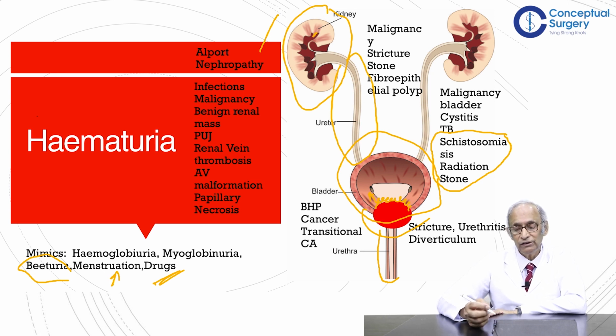And post-radiation hematuria, because the bladder becomes very much thinned out and the mucosa becomes thinned out, and the vessels underneath the mucosa become very fragile and they tend to bleed. And this is very difficult to arrest. So this is post-radiation hematuria. So look at the number of causes because of which hematuria occurs. And this is the reason why I said this is the language of distress coming from the urinary tract.